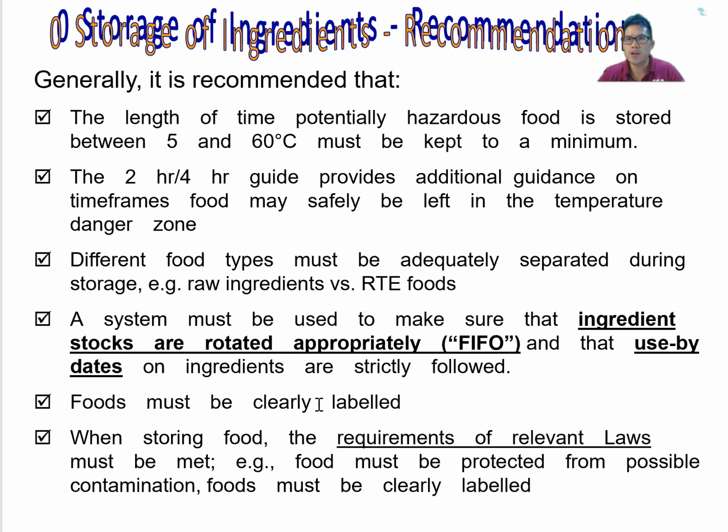If you do not have the label and the marker, how do you label? You can't. So you can't blame your staff, saying, why did you never label it? You can't blame them because you don't even provide a marker and a label for them to use.